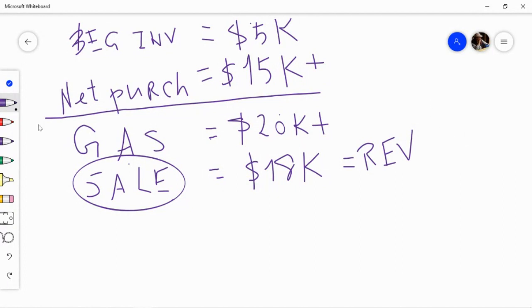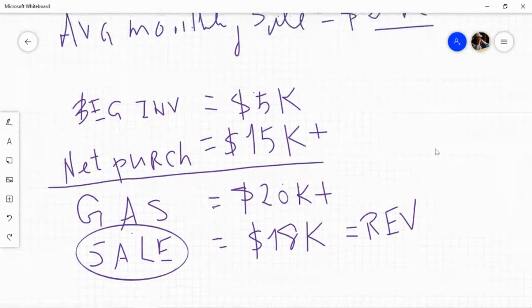And in retail, all inventory is expressed in selling price, right? In other words, when I said beginning inventory is 5K, that means because you are actually counting.